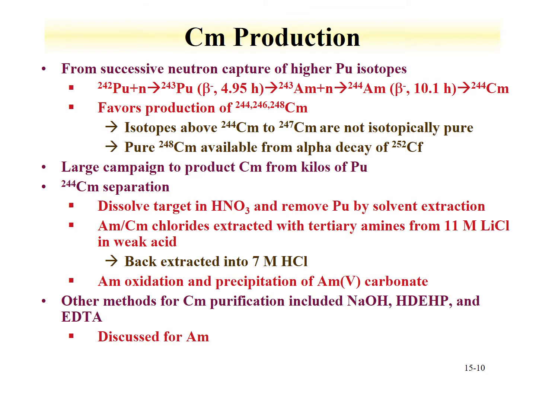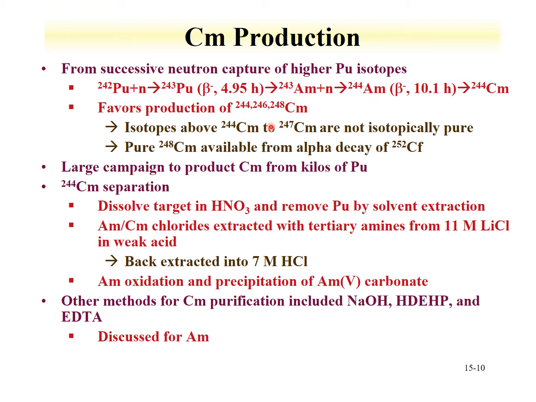An example of this successive neutron capture production for curium isotopes is shown here, where plutonium-242 eventually makes its way through capture, beta decay, and capture to curium-244. Further capture on the curium-244 produces isotopes up to the 248.